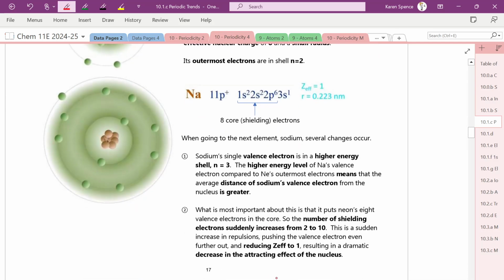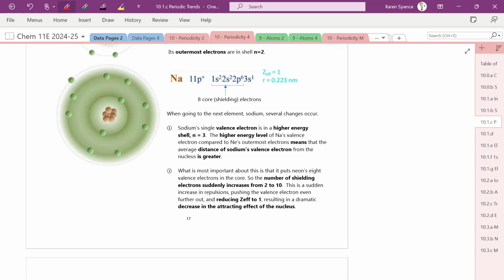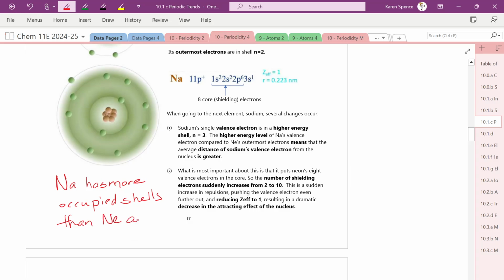So the basic gist of it is Na has more occupied shells than neon. And each subsequent shell, do you guys know the word subsequent?